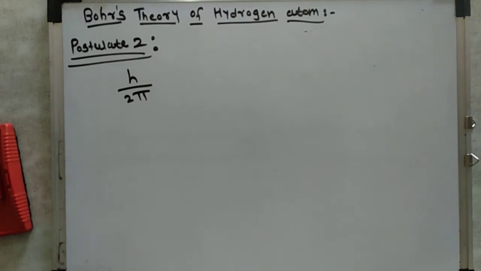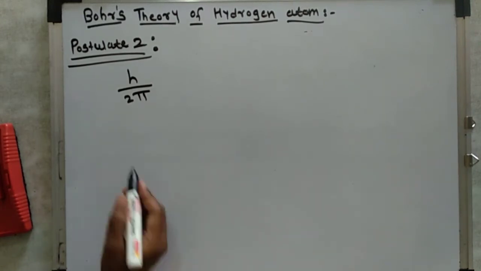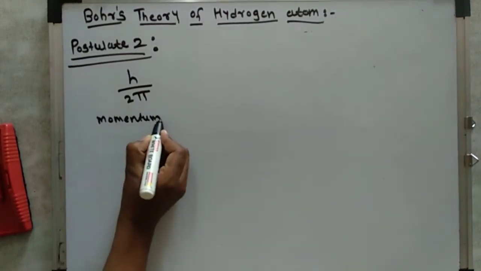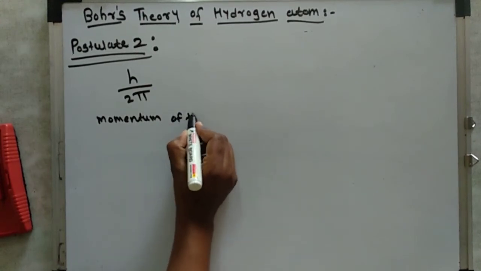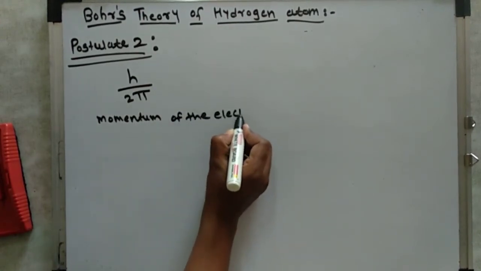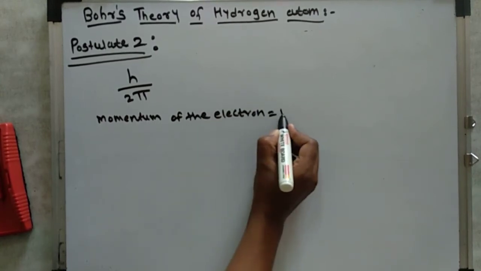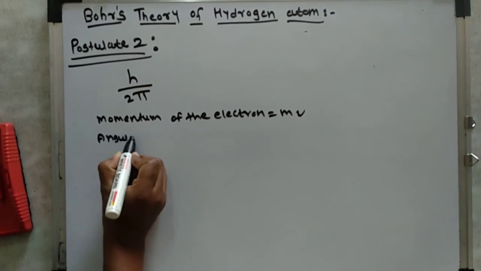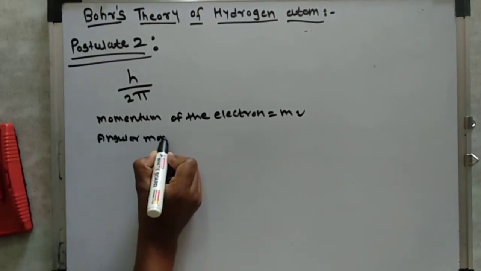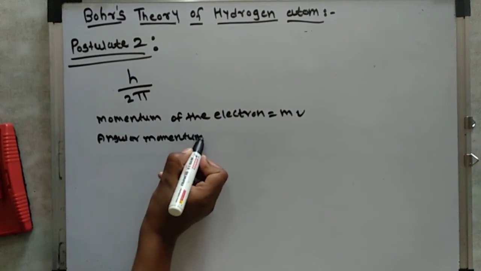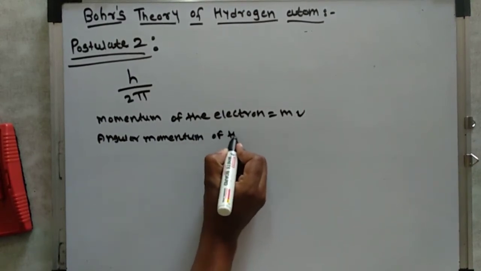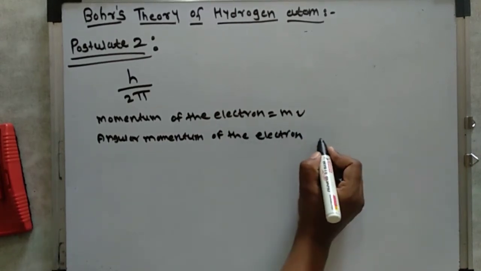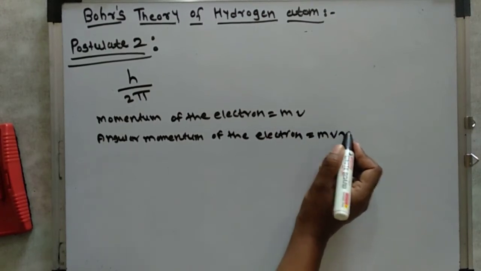Thus, for any given orbit, the momentum of the electron is equal to mv. Then the angular momentum of the electron is equal to mvr.